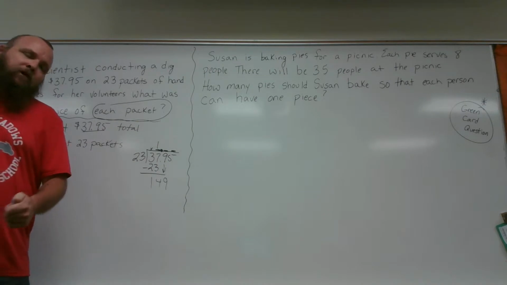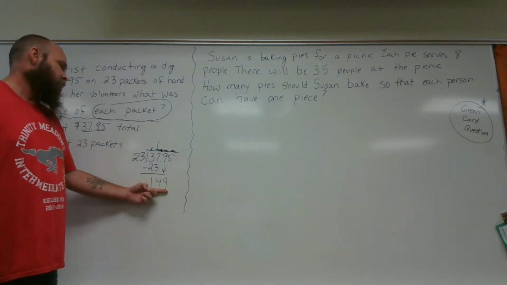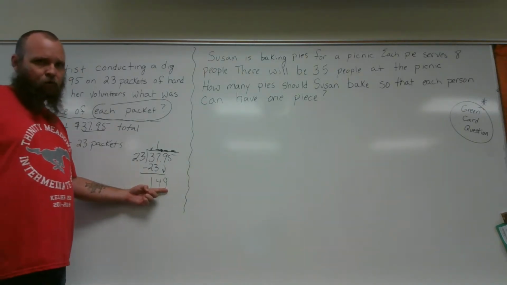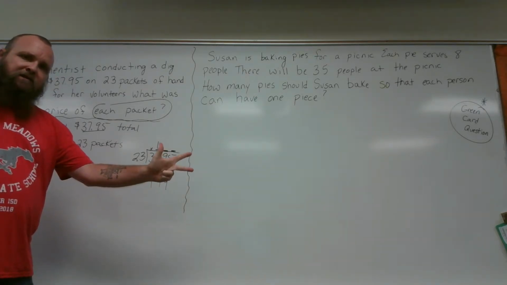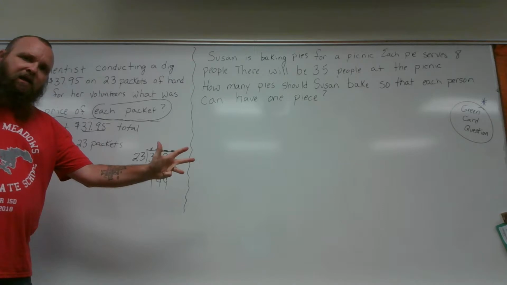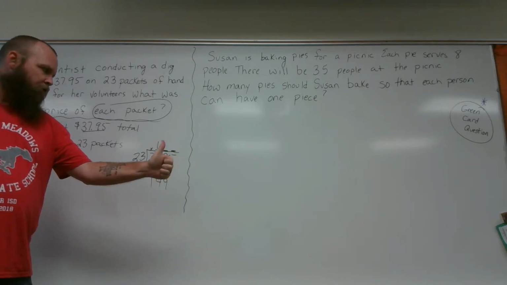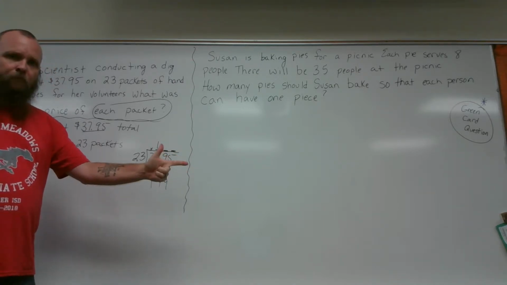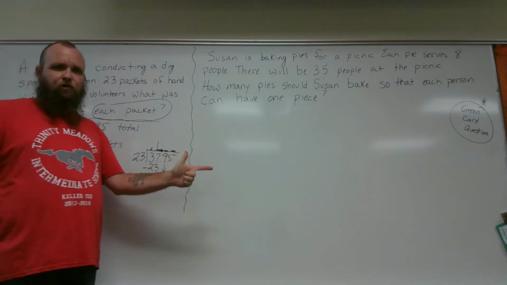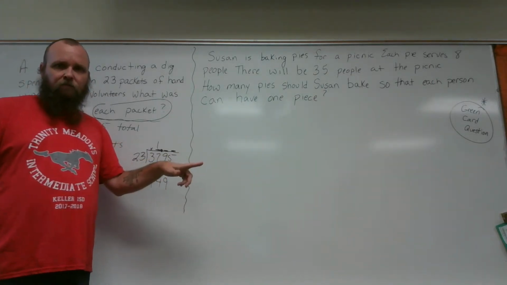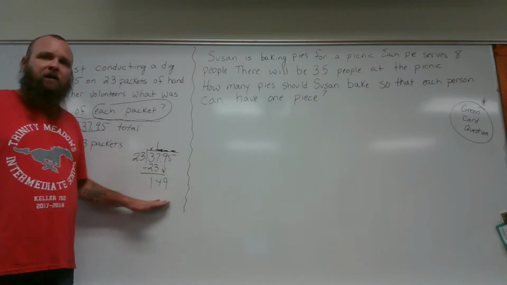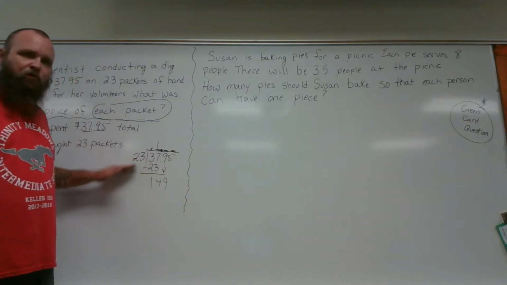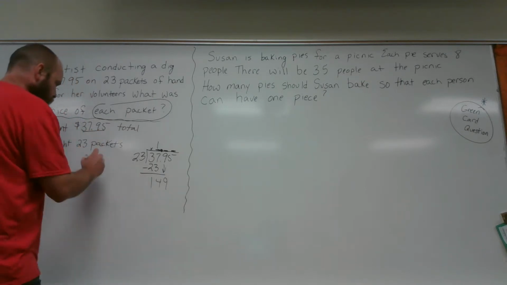If I count by 20s and want to see how close I can get to 149 without going over: 20, 40, 60, 80, 100, 120, 140. So my answer is going to be around 7. We estimated that 20 times 7 gives 140. Let's see what 23 times 7 gives me.